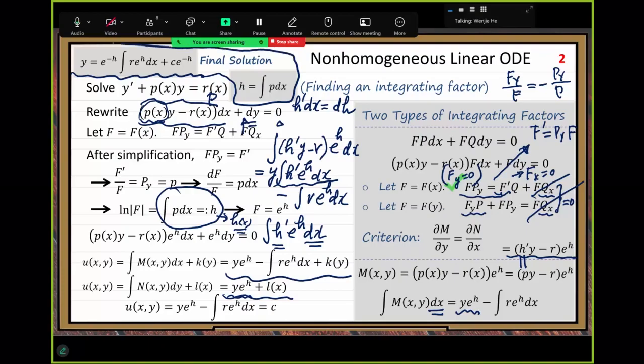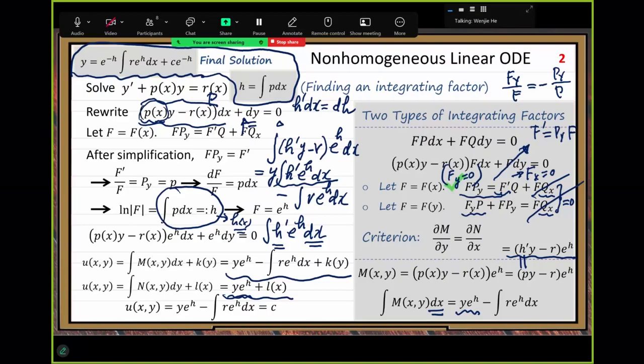That is the final solution. So here we have the general formula of the final solution.